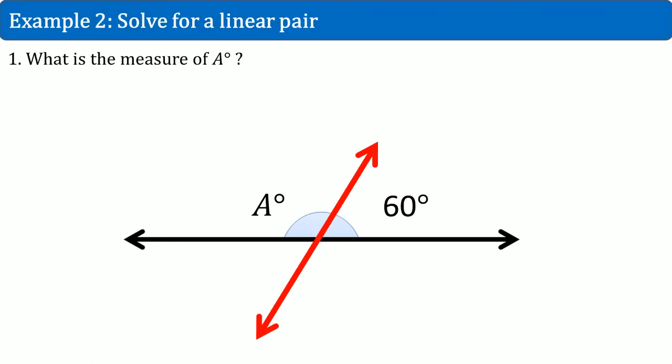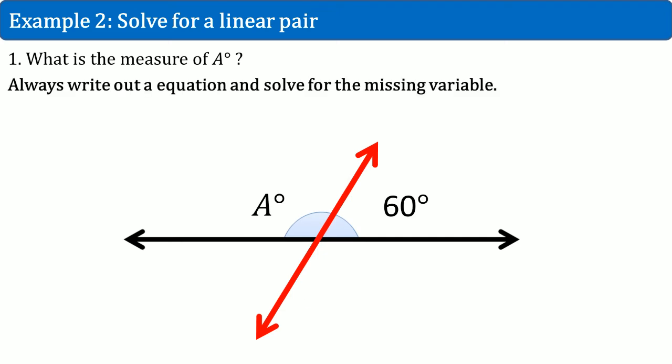Now, let's look at how to solve for a linear pair. Here, they give you the value of this angle as 60 degrees. Now they ask, what is this angle? What is the measurement of angle A? Always remember to write out the equation and solve for the missing variable. In this case, we set up the linear pair equation.